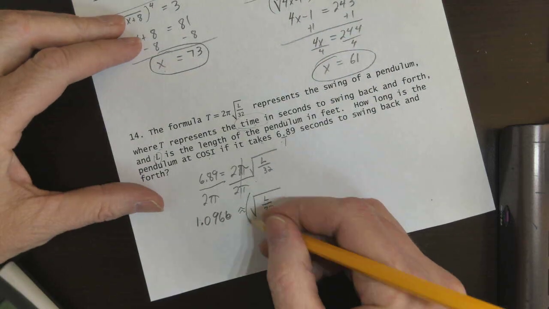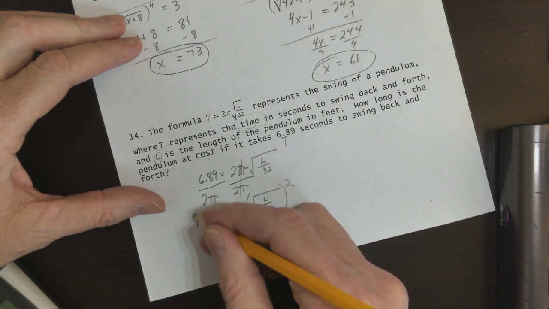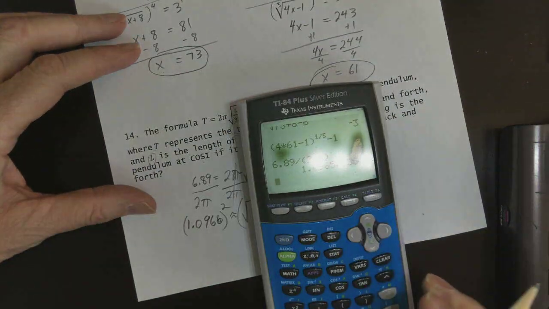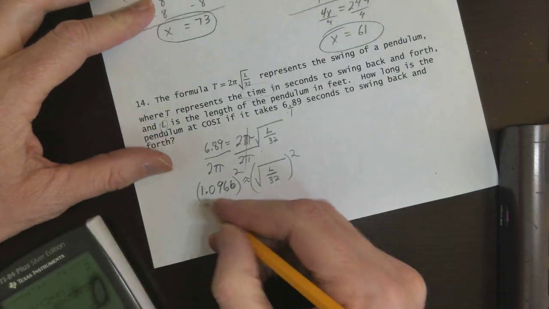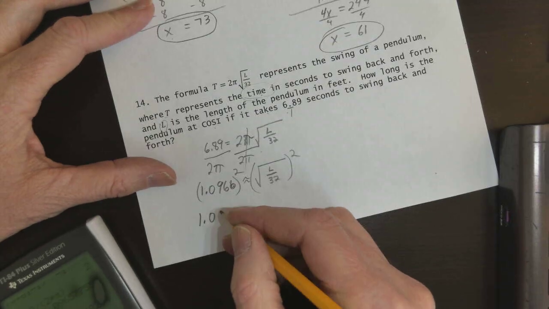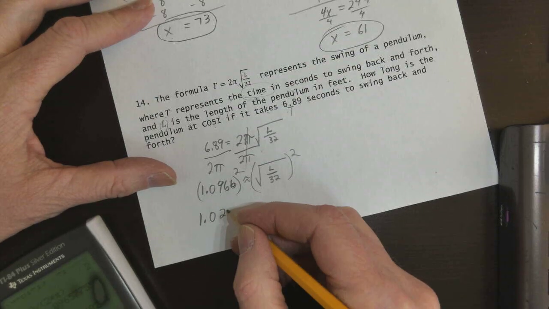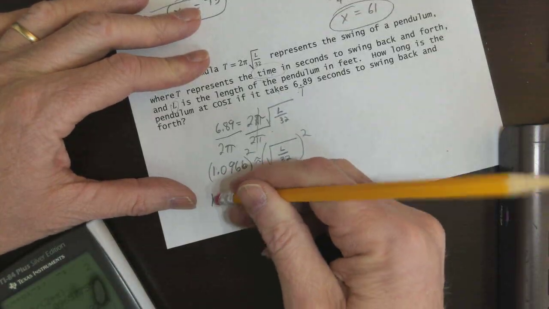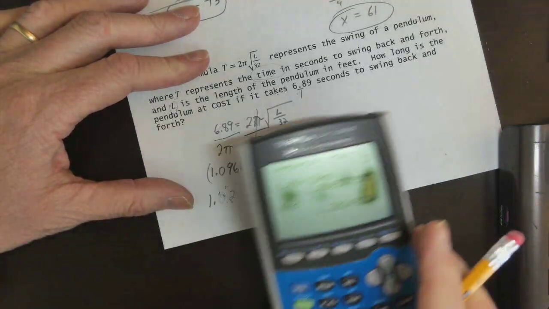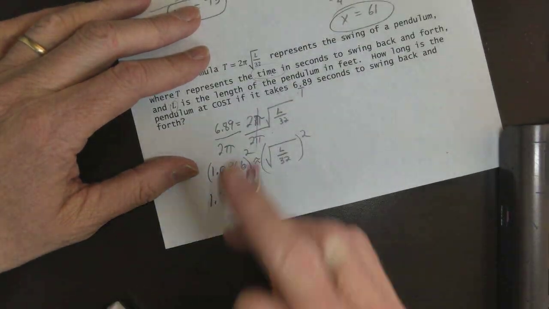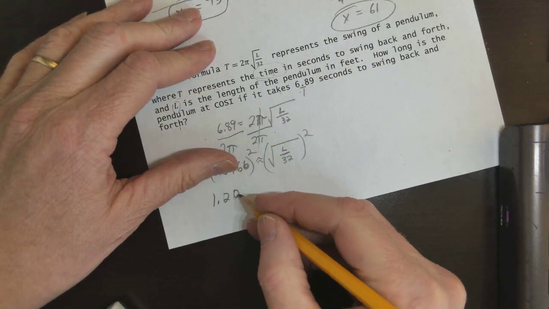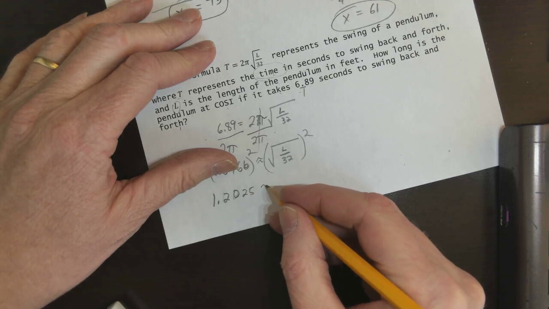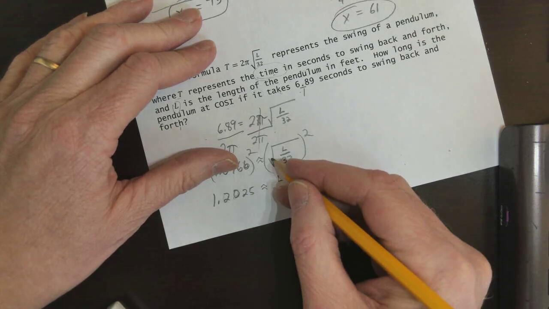So now, I want to get rid of the radical, so I'm going to square both sides. I'm going to raise this to the second power. I've got 1.2025 is approximately what L over 32 is, since the square root and square cancel.